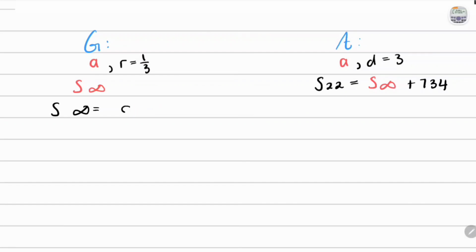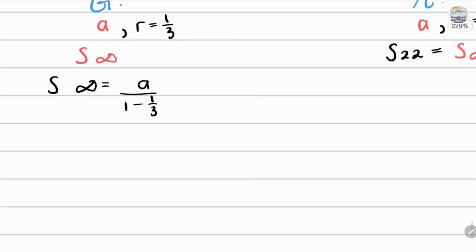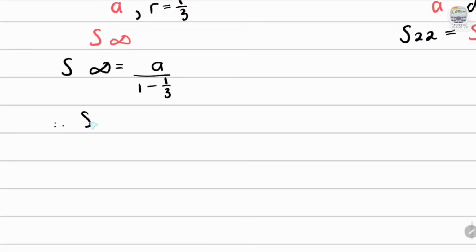We know that the sum to infinity equals a over 1 minus r, and r here is 1 over 3. So the sum to infinity is a over 2 over 3. Okay, and if you divide that, we're saying a divided by 2 over 3. You can use the method of tip and times.